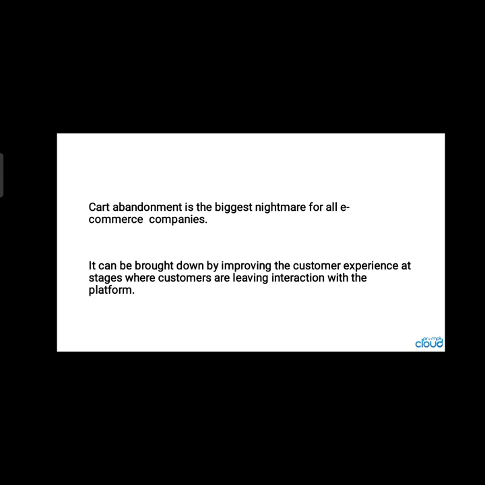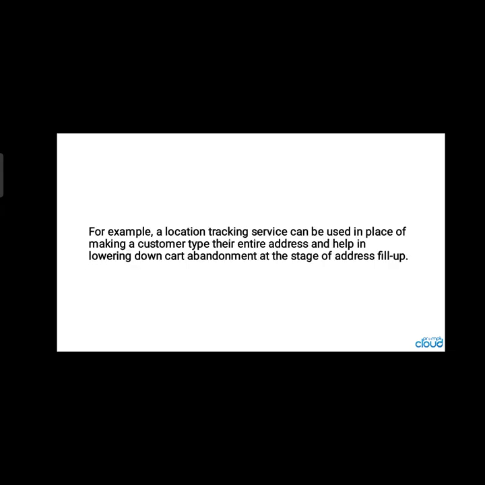People are visiting the website for retail purchase, but they are not doing it. What happens? A location tracking service can be used in place of making a customer type their entire address, and help in lowering down cart abandonment.